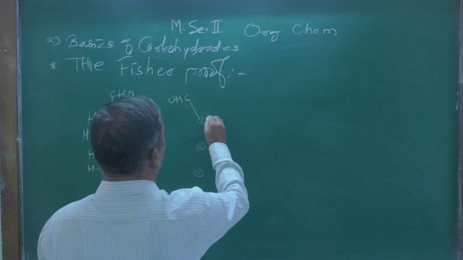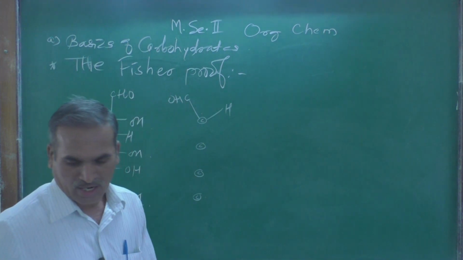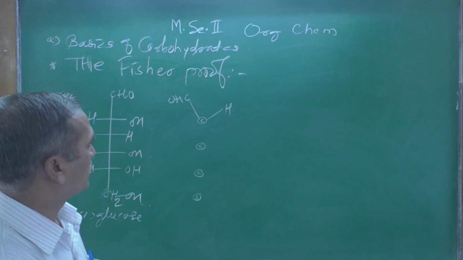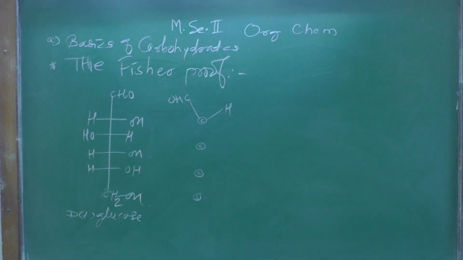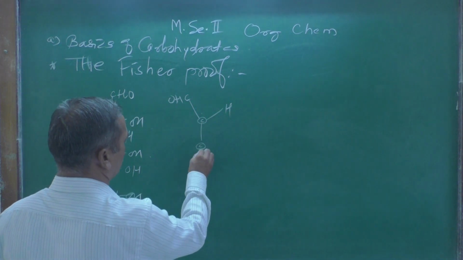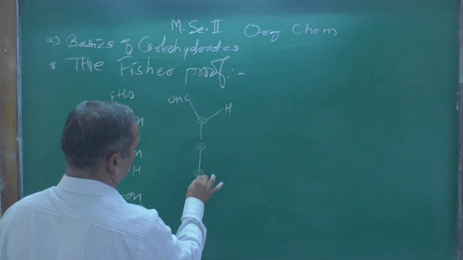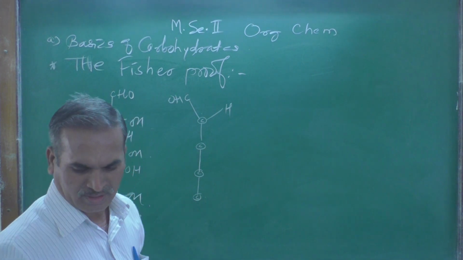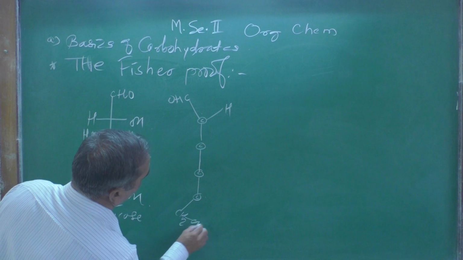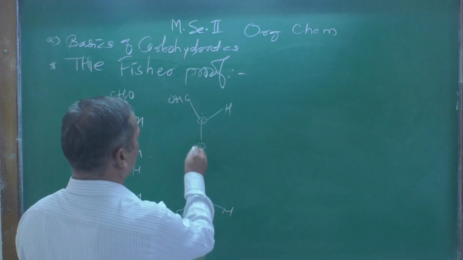Here we can write CHO, and here one hydrogen atom, and they are joined to each other by these bonds. Here we can write CH2OH, with a hydrogen atom over here.